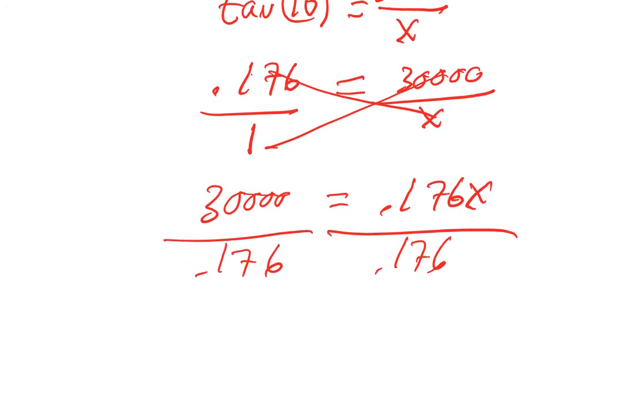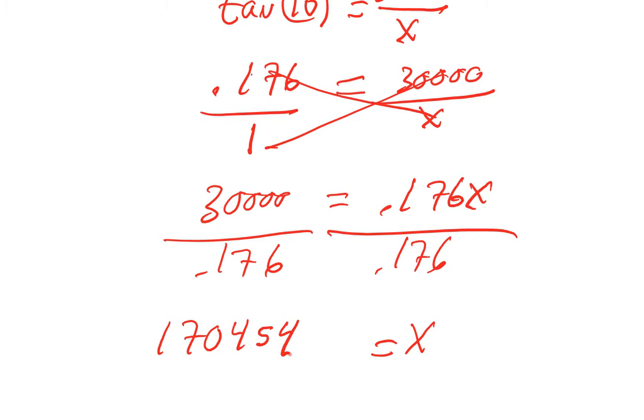Okay, 30,000 divided by 0.176 is 174.54. It's going to be a big number. Yeah, it's going to be a big number.